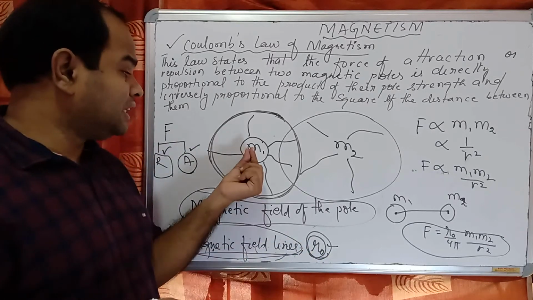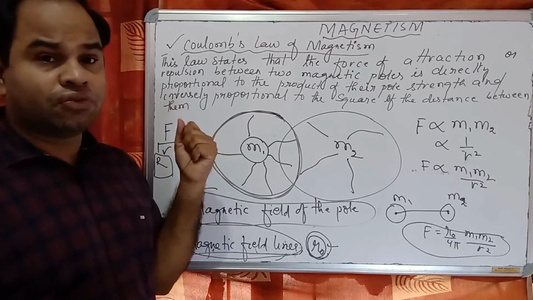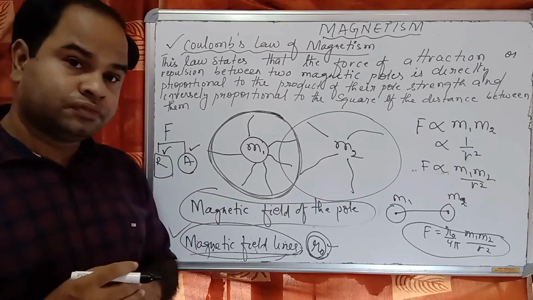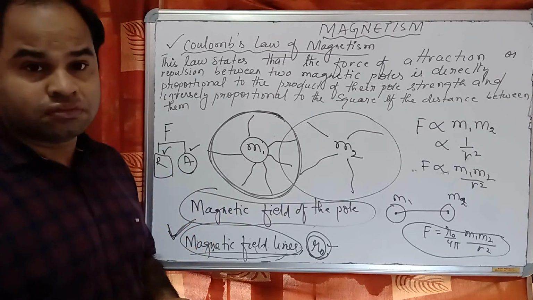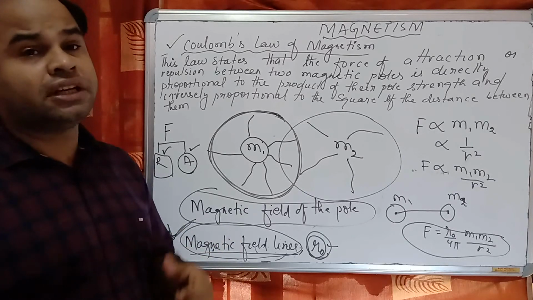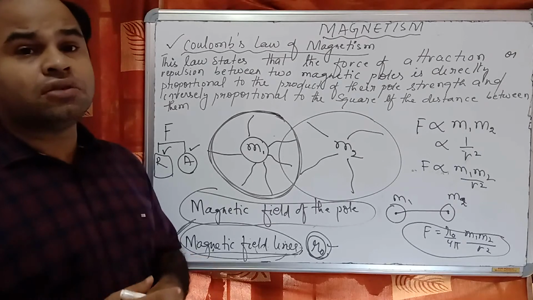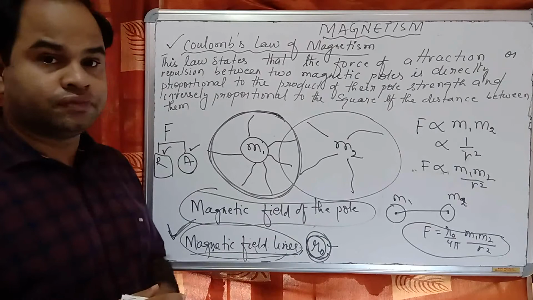We place it in air medium. So it will produce magnetic field lines. These magnetic field lines will travel through the medium. So it is the medium, the air medium or any medium, which allows these field lines. So that is called permeability.